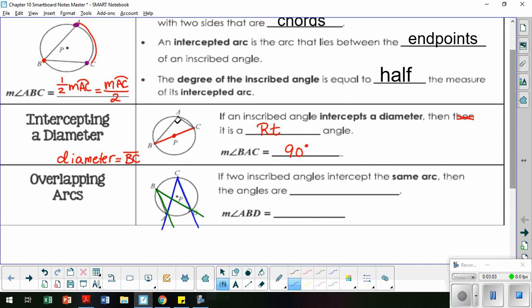They cut off this arc right here. If two inscribed angles intercept the same arc, then the angles are congruent. So the measure of angle ABD is equal to the measure of angle ACD.